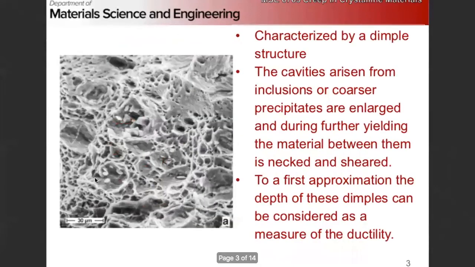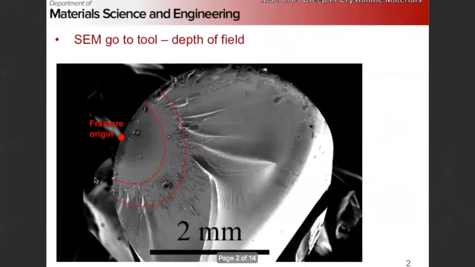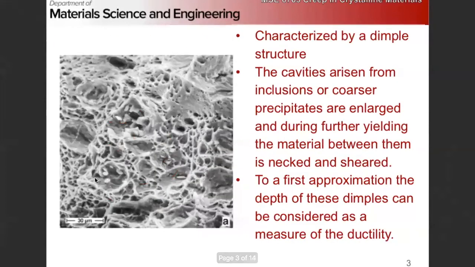Right? Oh, my headline got lost. My title. This is supposed to have a heading title here: ductile fracture. Okay, so ductile fracture is characterized by these highly dimpled surfaces, right?